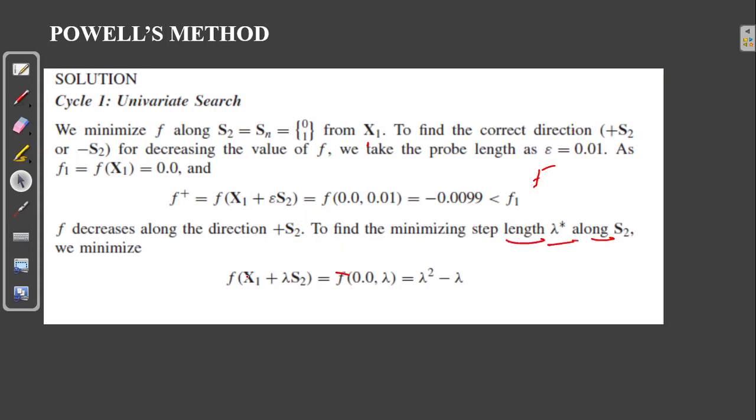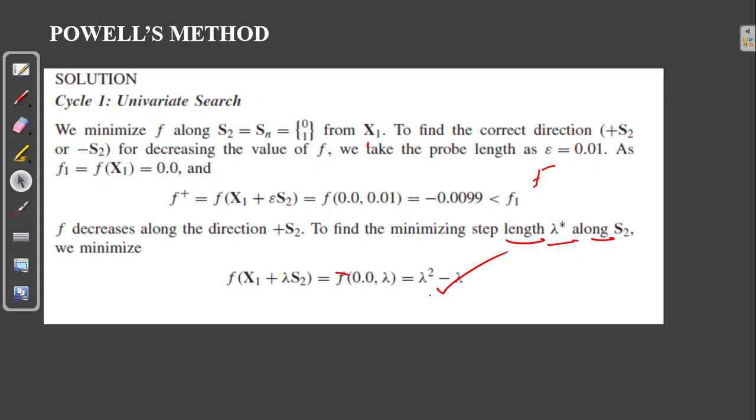So we calculate f of x1 plus lambda S2, that is f of (0, lambda), so that we get a quadratic polynomial, lambda square minus lambda.